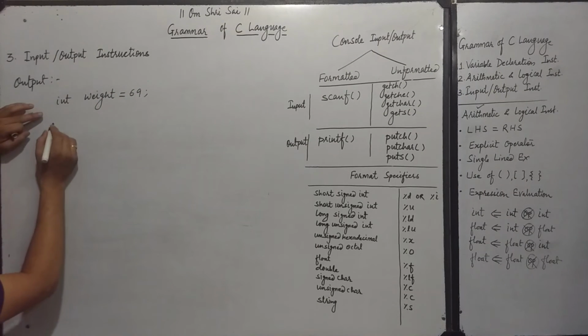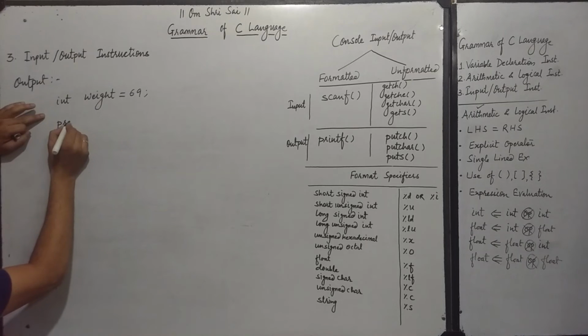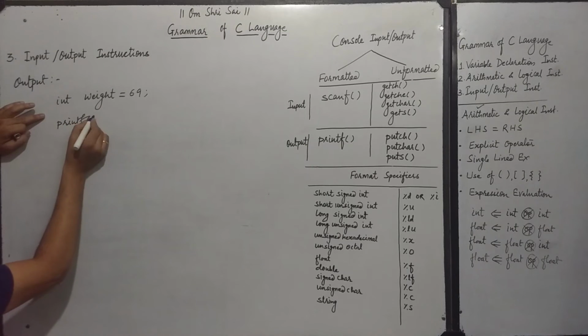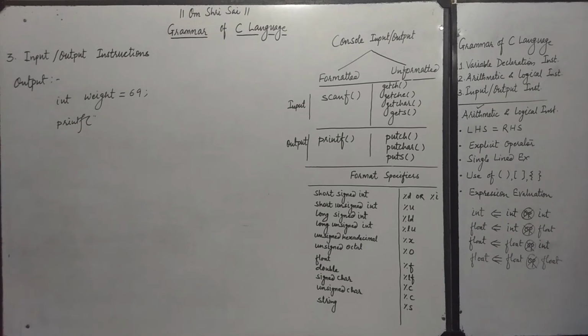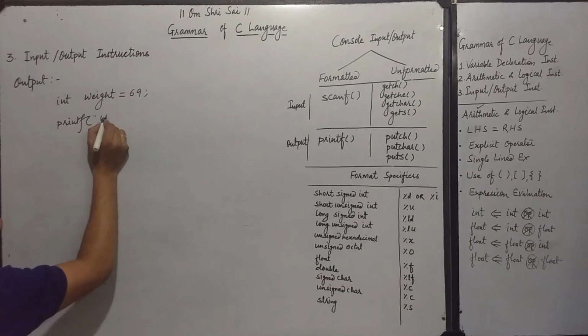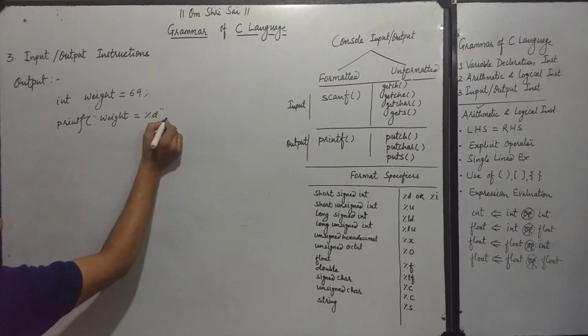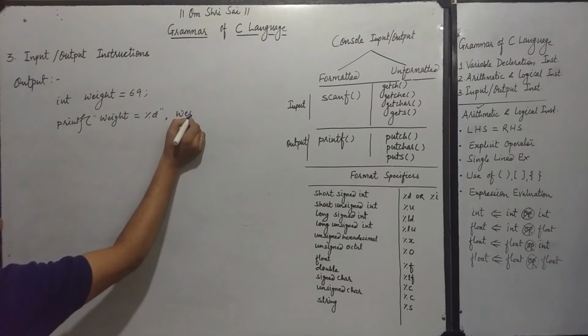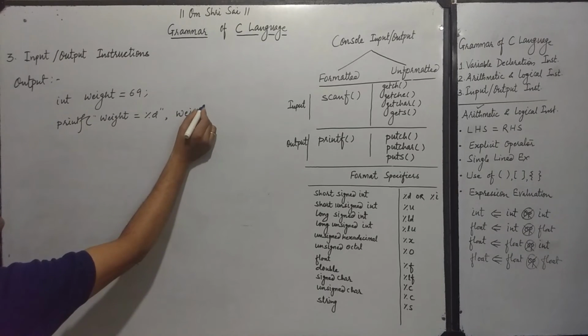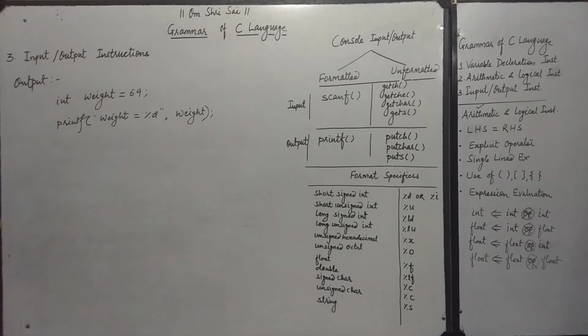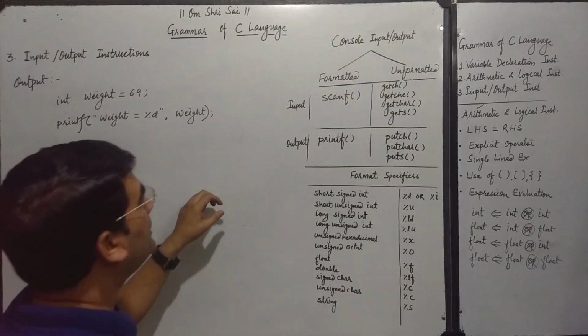And I try to print this in different formats. For example, I write "weight is equal to %d" and then the name of the variable. In that case, what will be the output?